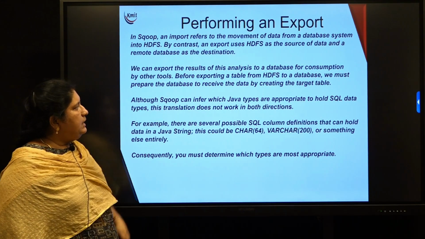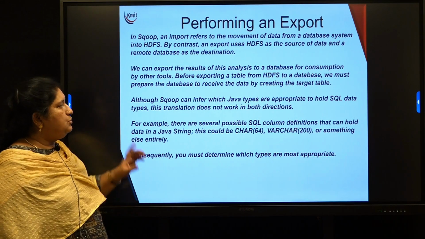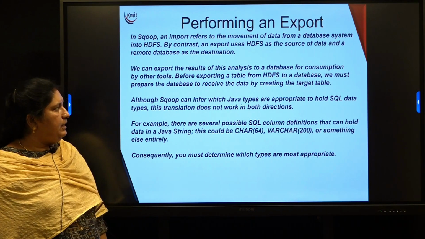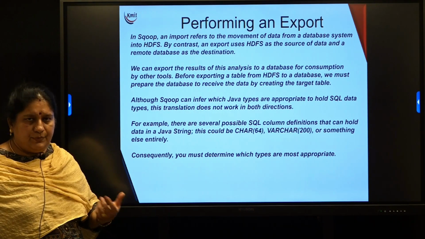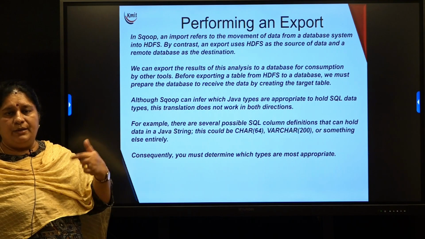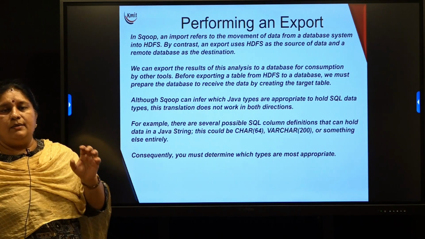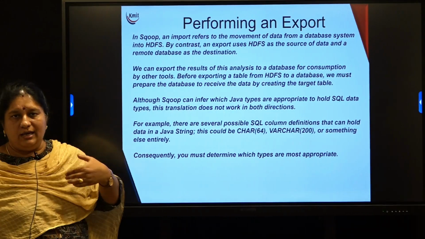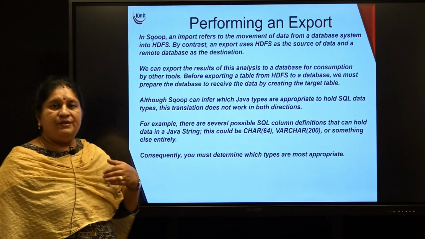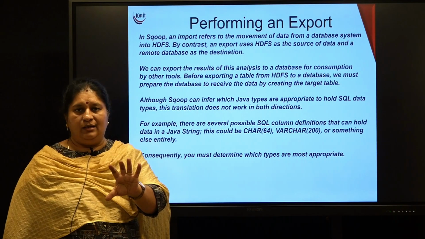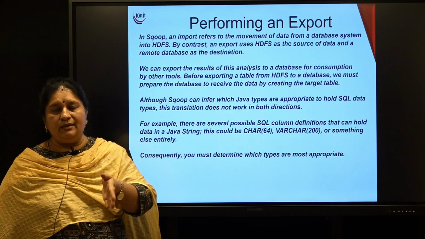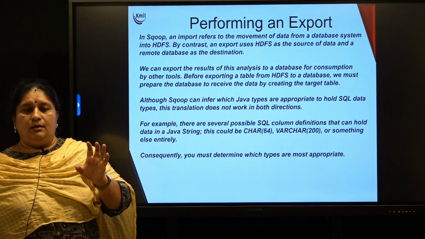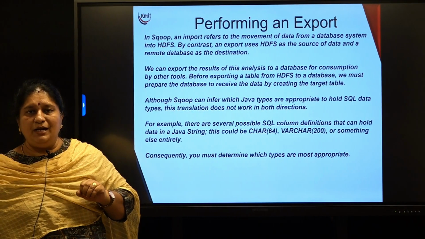Before exporting a table from HDFS to a database, we must prepare the database to receive the data by creating a target table. Naturally, when the data is coming from HDFS into RDBMS, the RDBMS must be ready with the table schema definition in order to hold the data. Now from HDFS I am sending it as a plain text file. The RDBMS has to break the fields at the delimiters, discard the delimiter, and do the type conversions of the field values.